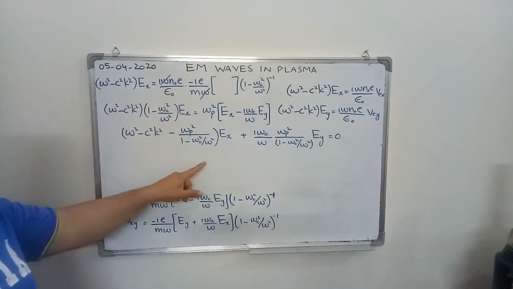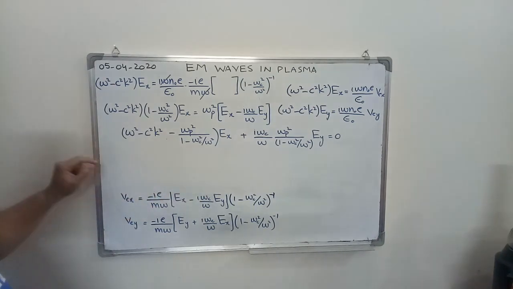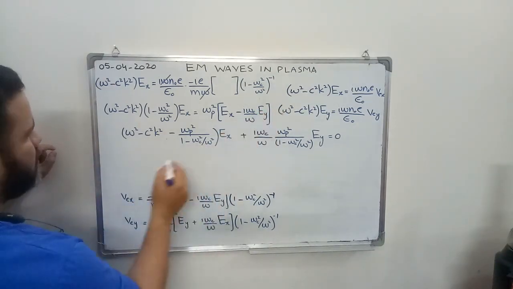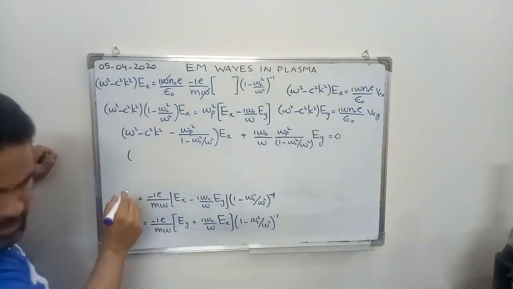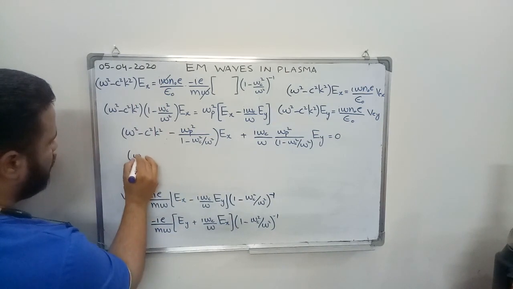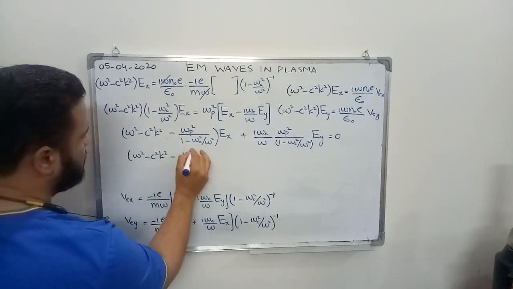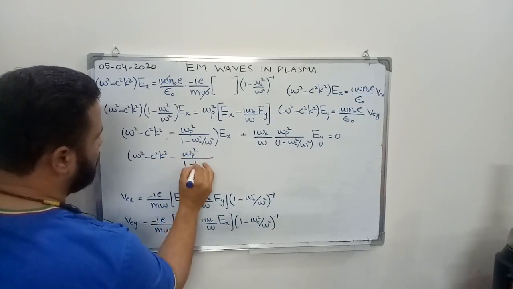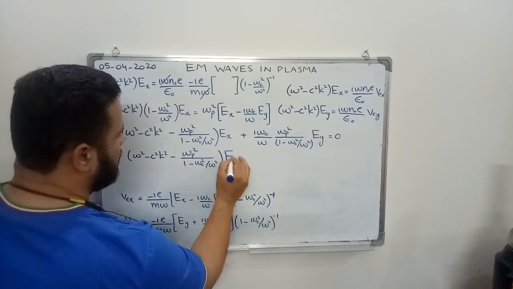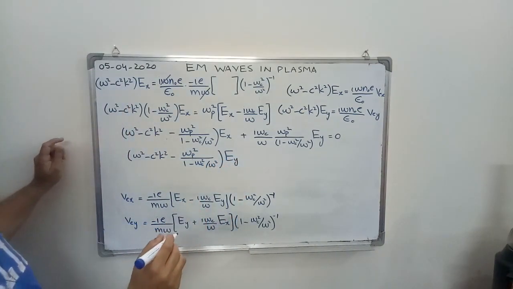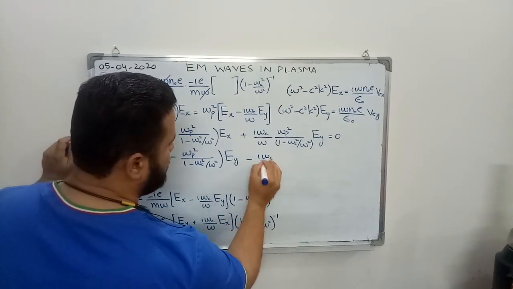In a similar way, we will get an expression in terms of Ey and Ex by solving this form for Vy also. So we have omega square minus c square k square minus omega p square by 1 minus omega c square by omega square, times Ey, minus iota omega c by omega times the same term, times Ex.